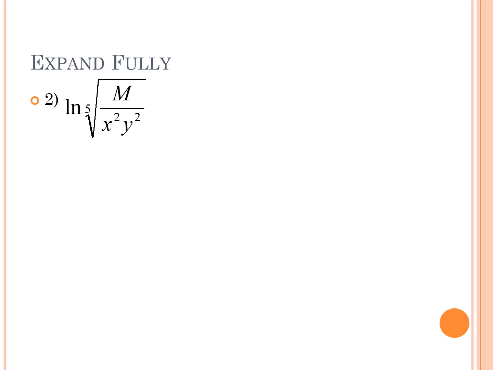Now I showed the first step to help you along. We had the natural log here of the 5th root of m over x squared times y squared. In this step, we have the 1/5, and you'll find with these logarithms we're going to use fractional exponents rather than the radicals, just because of what we can do with that exponent.